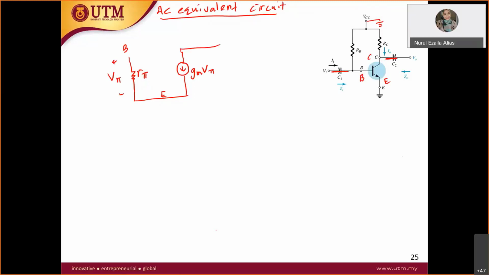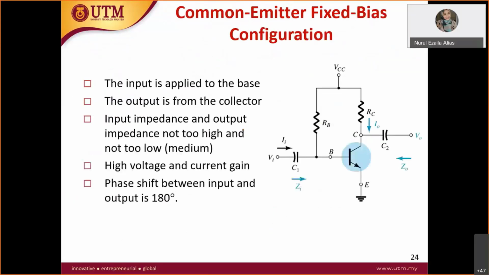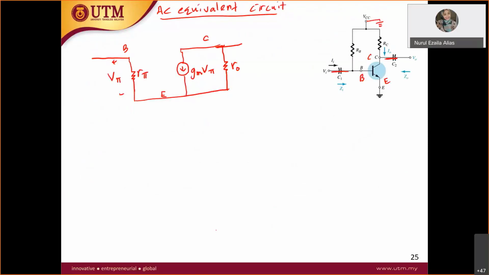Here at the collector, you have also r naught. So this is fixed. First thing, you have to draw your hybrid pi model. Isn't it similar? You have r pi, gm v pi, r naught, and then you have the emitter. Now let's transform your fixed bias circuit into the AC equivalent circuit. Let's go point by point.